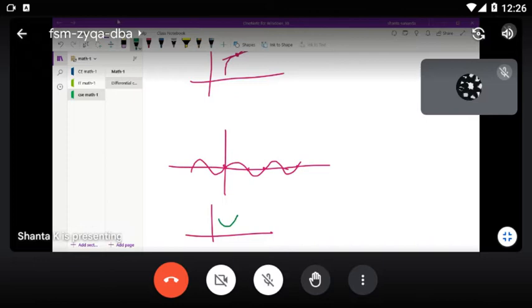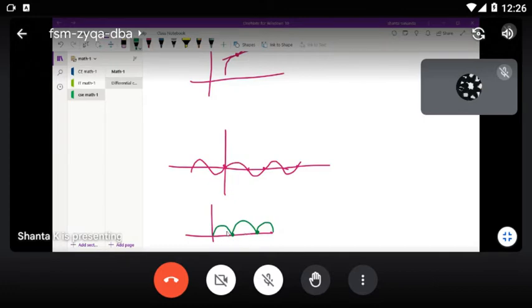Take mod sin x, ma'am. Mod sin x. Okay, how mod sin x? So here, mod sin x. Yes, ma'am. Is it like this? So these are the points. Yes, ma'am. Again, points of inflection.